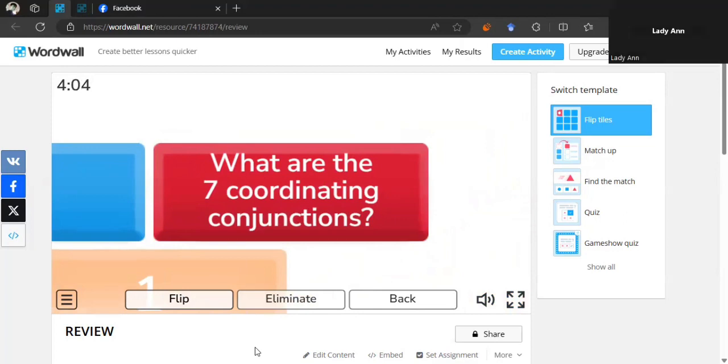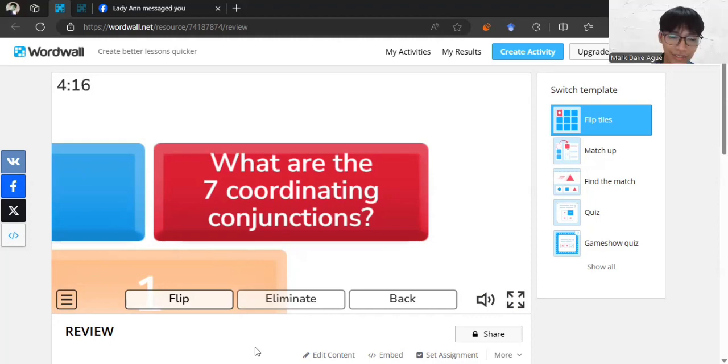The seven coordinating conjunctions are for, and, nor, but, or, yet, and so. That is correct. So clap your hands. I can see that you really have understood our past lesson. Great job, class.